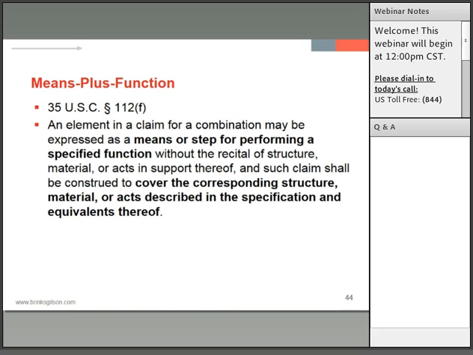No equivalence of means for calculating, but only equivalence of whatever electronic calculator is described in the specification.